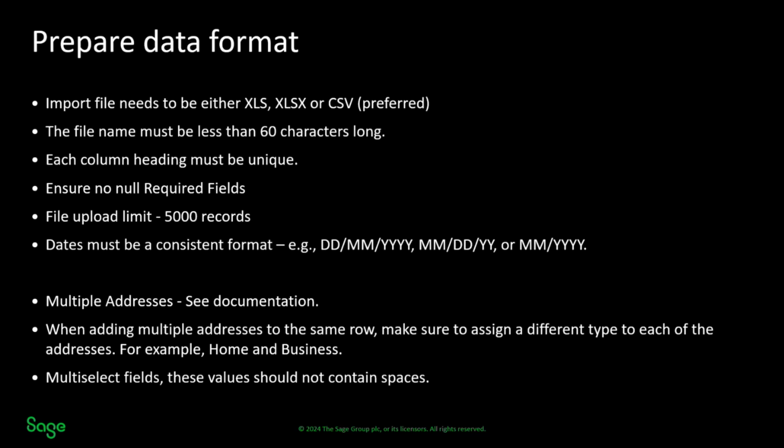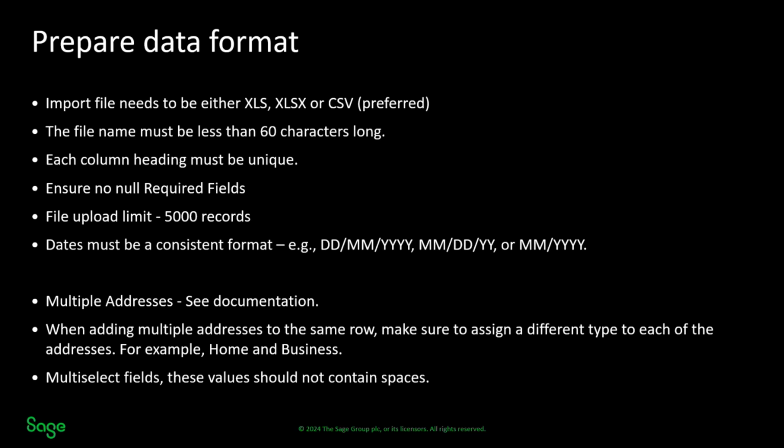If you're using a CSV file as well, have a look at the documentation that talks about the way in which it's necessary to escape special characters in values. And the file name has to be less than 60 characters long.